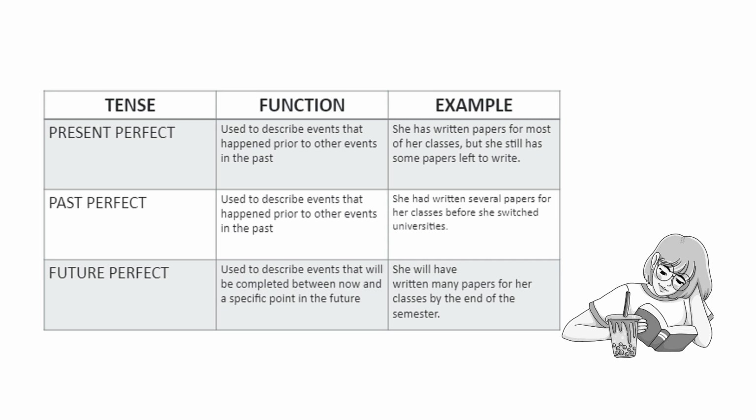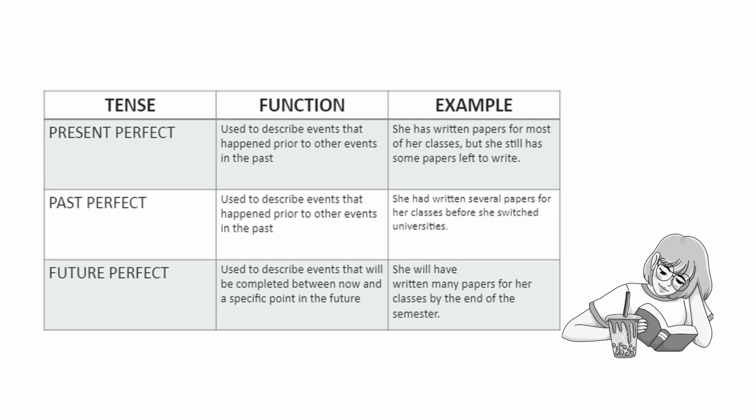Here, I want you to identify the subject, verb in past form and object in this sentence as a revision of simple past tense. Identify and drop your answers in the comment section.